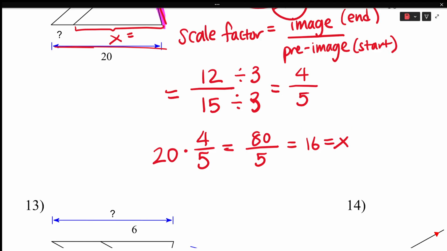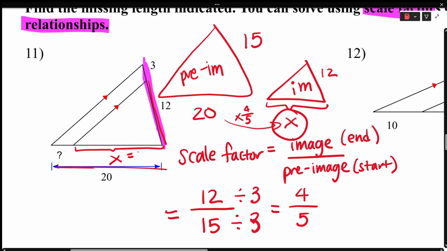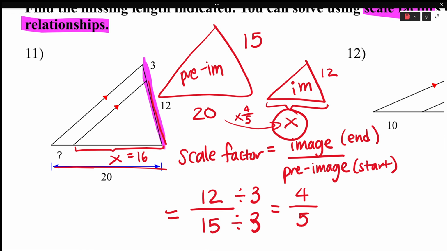Sorry, I'm not going to box it because that's not my final answer. And then if we know the entire line is 20, part of it is 16, 20 minus 16 is 4. That's what's left over. So 4 is your answer here. Again, you could use proportion for this problem too, but I just chose to use scale factor to show you what it looks like.